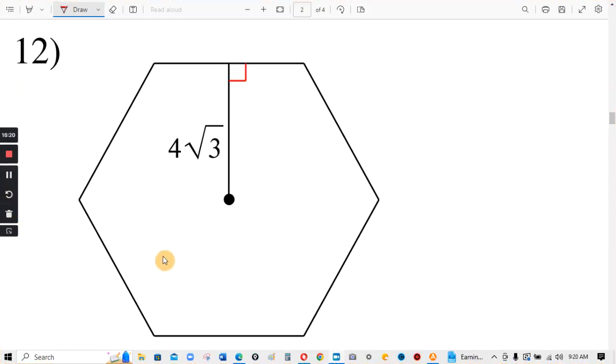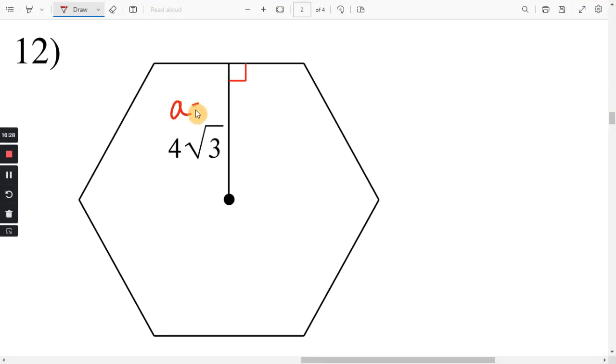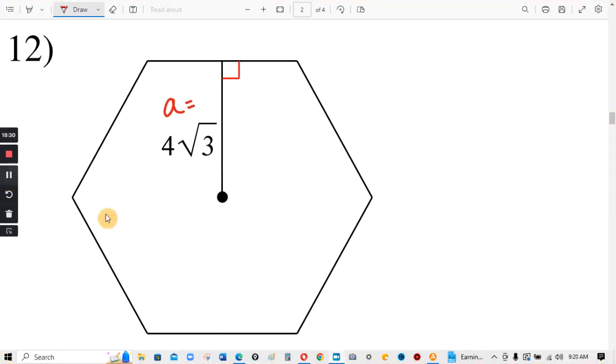All right, let's look at number 12. We're going from the center to the midpoint here, so this right here is your apothem. Now, we have to find each interior angle here.